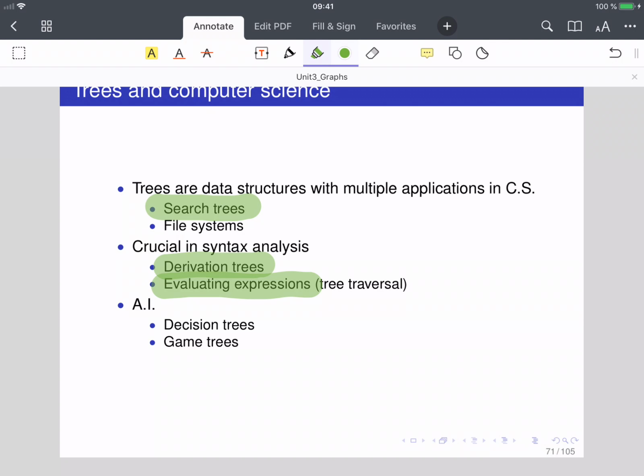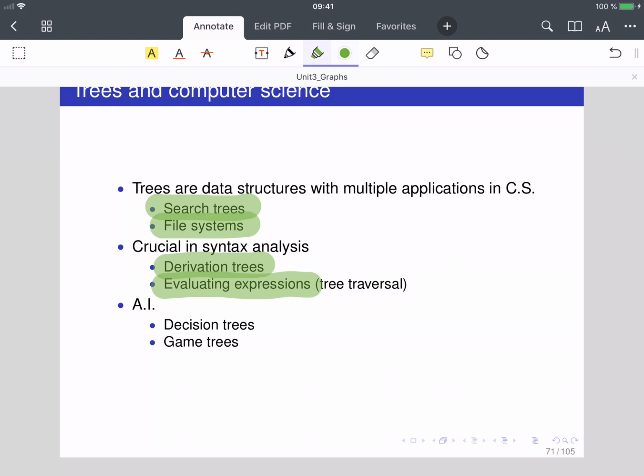Also, of course, you know about trees when you talk about the file systems of operating systems. And when you study operating systems in a future course, you will study trees, because the file systems, with the root folder or directory of a hard drive, and then all the different folders in the hard drive, is also a tree, okay?